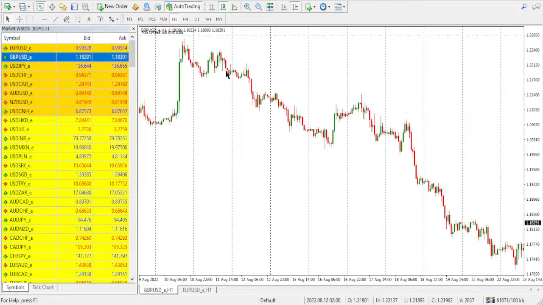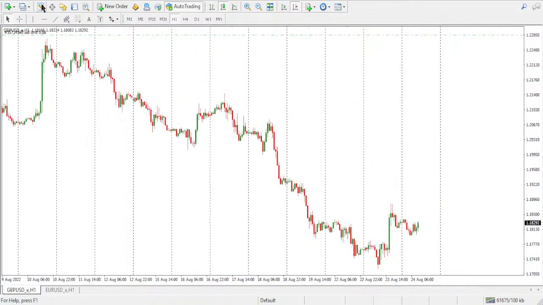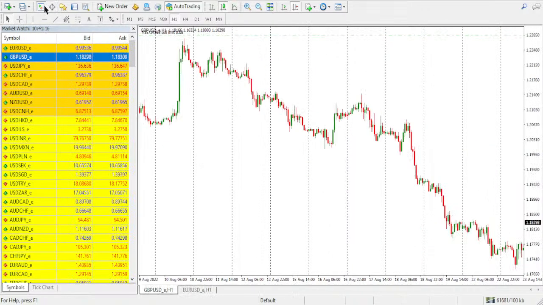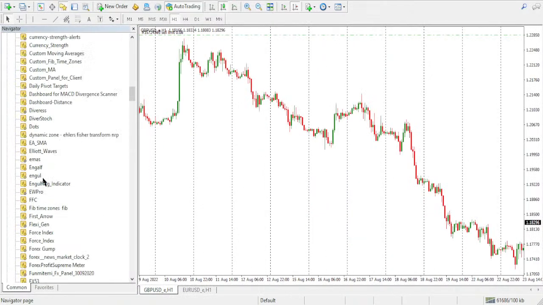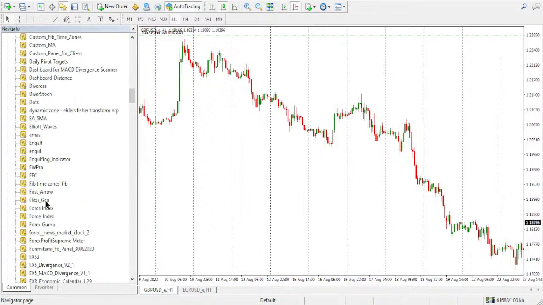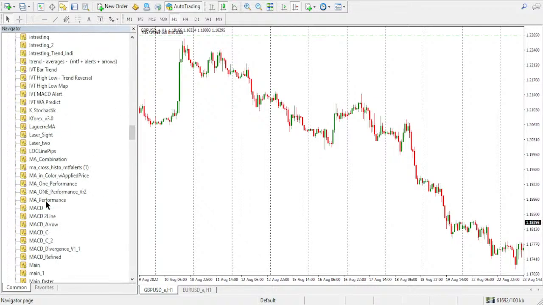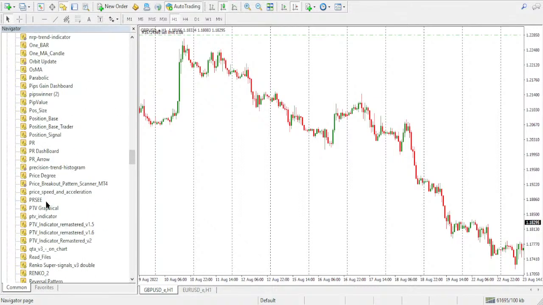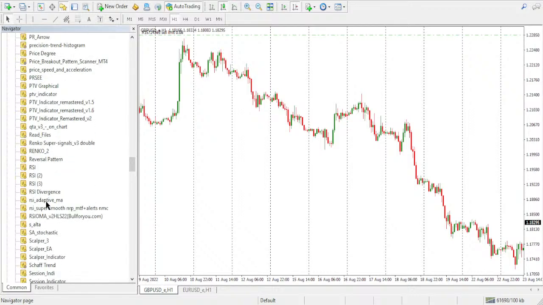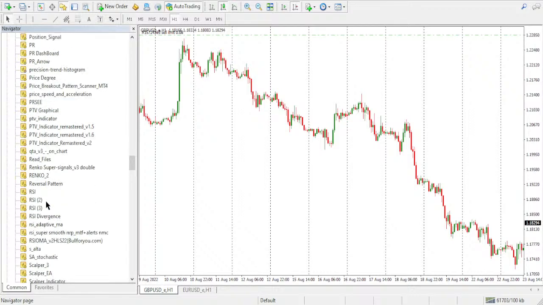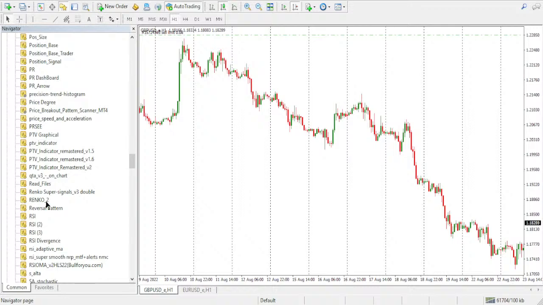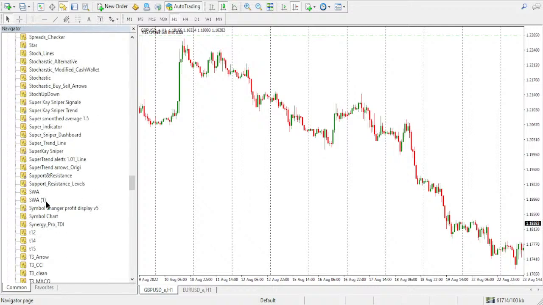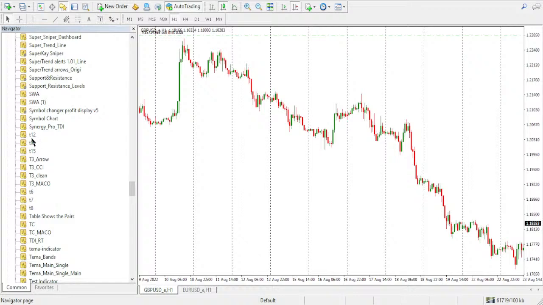The next chart which I want us to look at is GBP USD. On this one I'm going to add a different indicator, which we're going to use for that purpose.